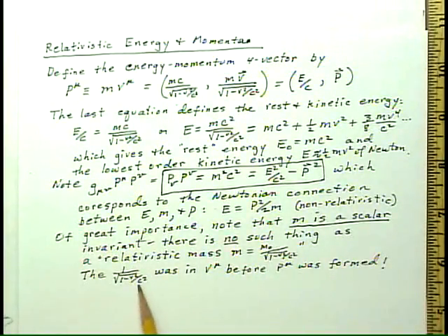The square root of 1 minus v squared over c squared, 1 over that, was in the velocity before the momentum was ever formed, before the mass ever played a role in the situation. This square root comes from the ratio of the two clocks. It comes from the space-time origin. It does not originate in any way associated with the mass itself.